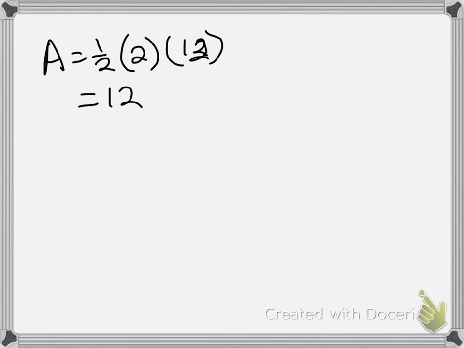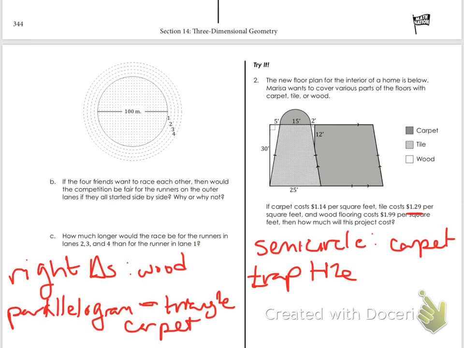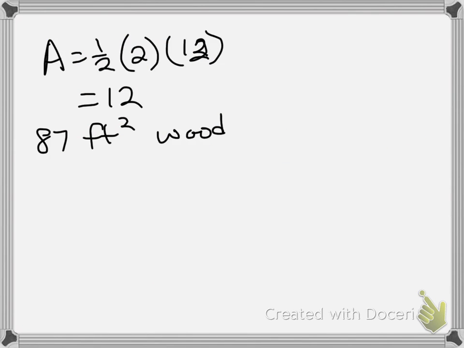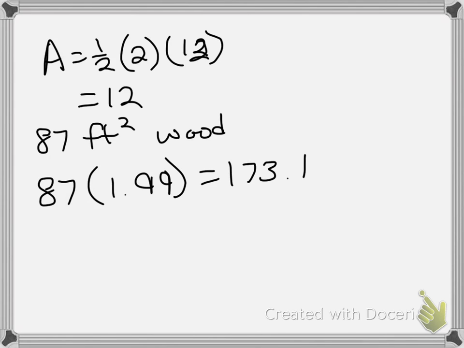So we've got 87 square feet of wood, and wood costs $1.99 per square foot. So 87 times $1.99 is going to be $173.13. All right, so that's the wood.